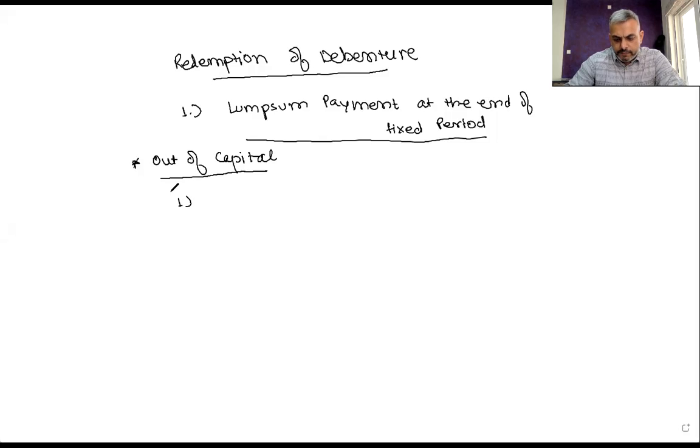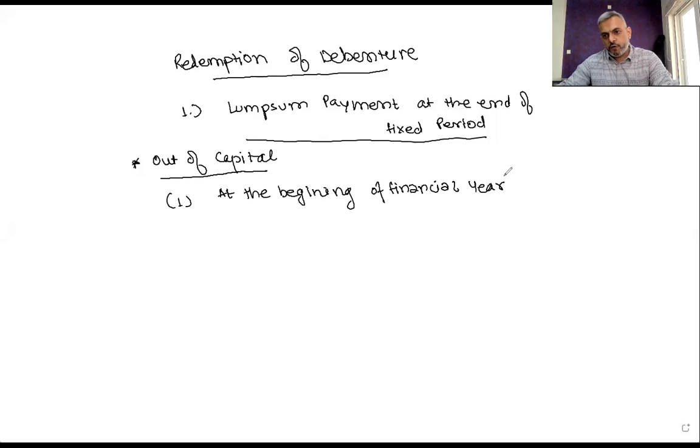First entry at the beginning of financial year. Now which financial year? Financial year in which the redemption is going to take place. So at the beginning of financial year up to 30th April, important date.